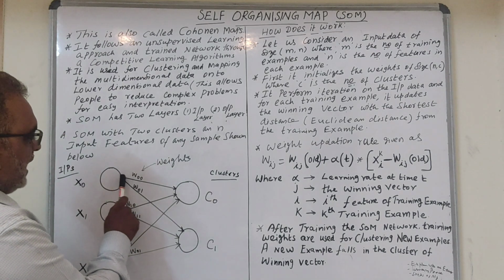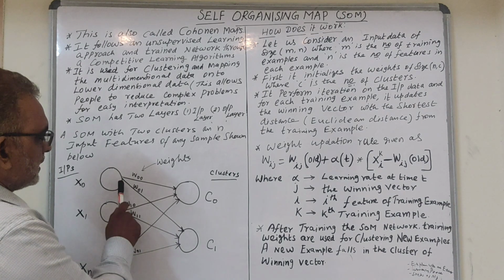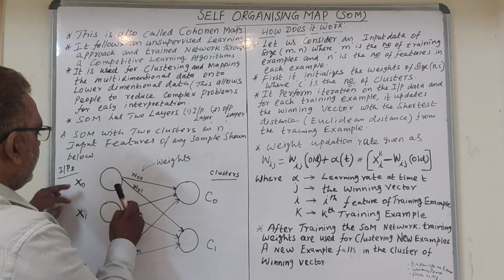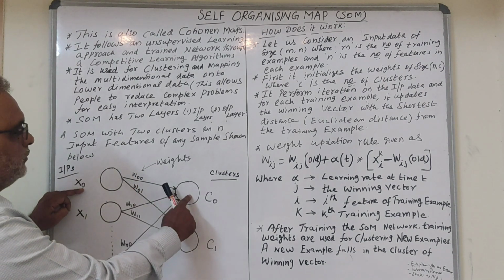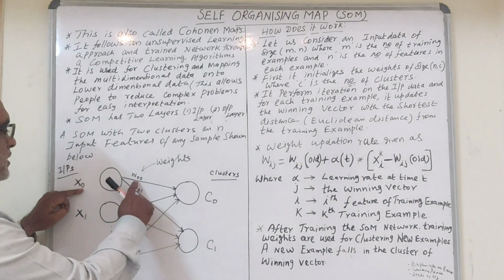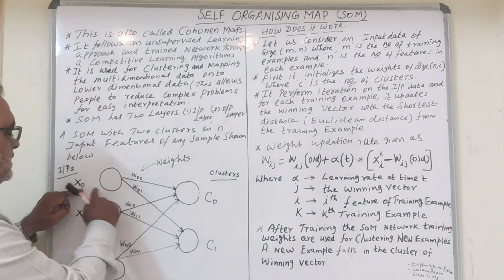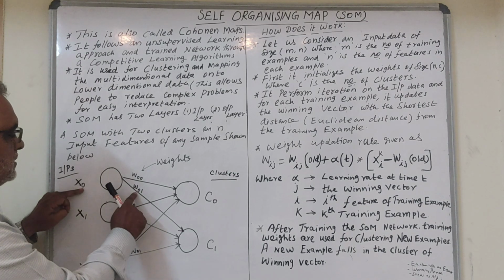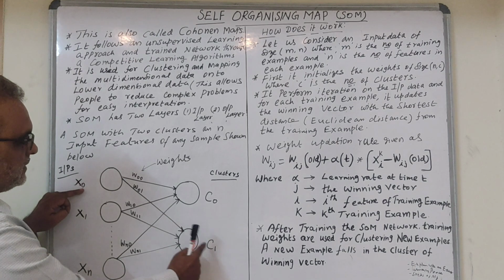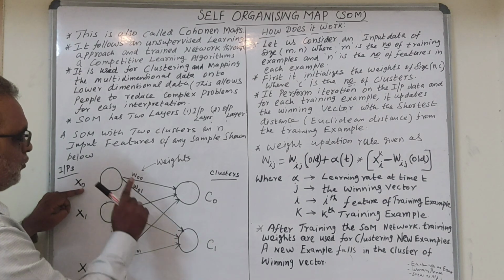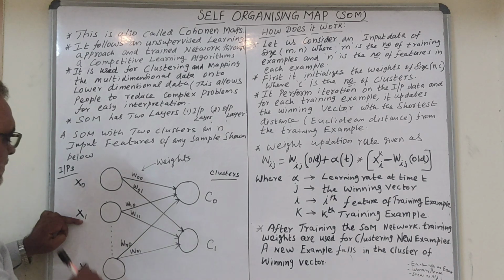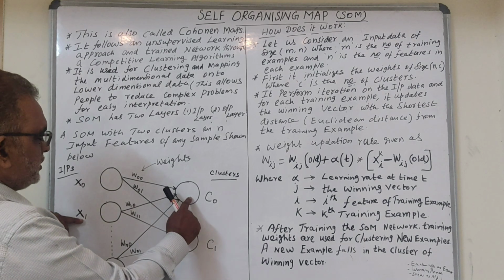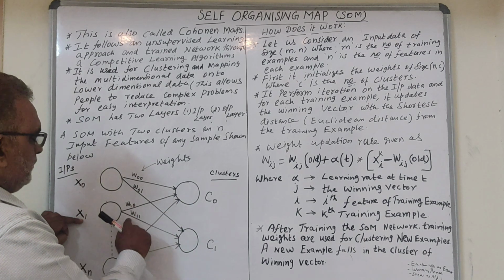And here we have weights for all these clusters. The weight W00 is the weight of the first sample, X0, which connects to the cluster C0, and similarly W01 is the weight of the first data, X0, connected with the cluster C1.